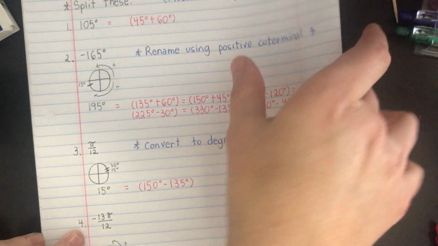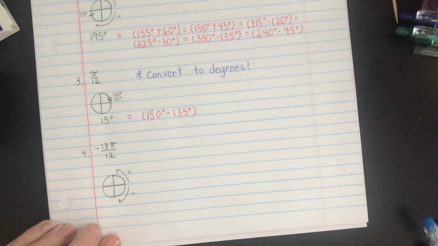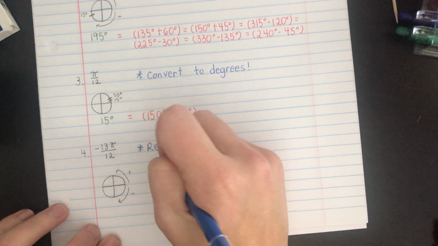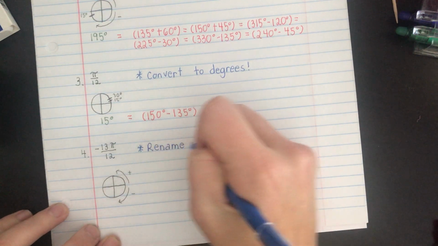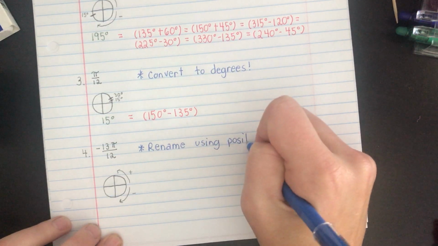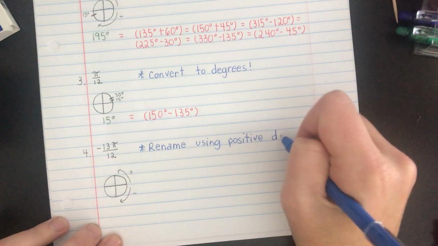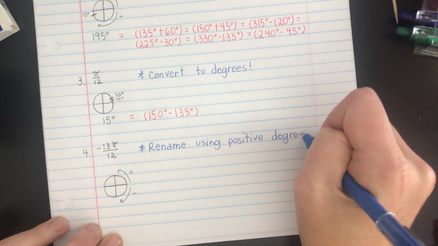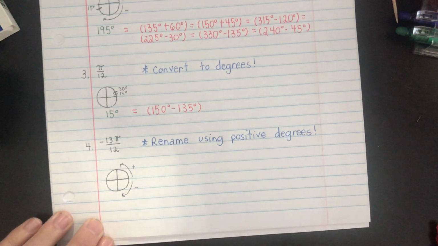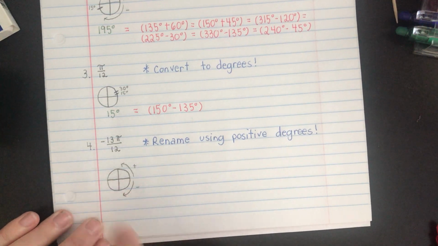So number 4, two things you have to do. Rename it using positive degrees. So we want that positive coterminal angle, but specifically in degrees. Again, remember, positive direction, negative direction.